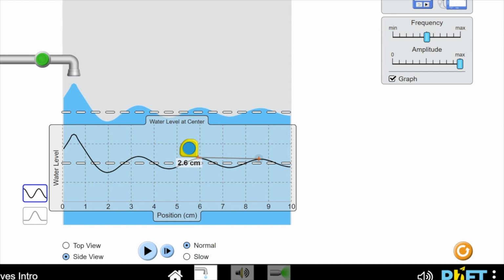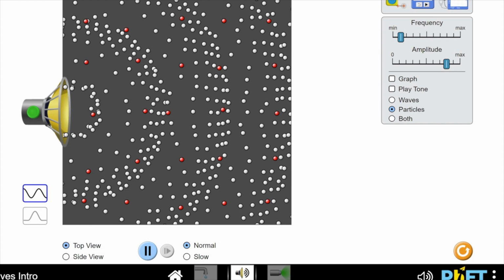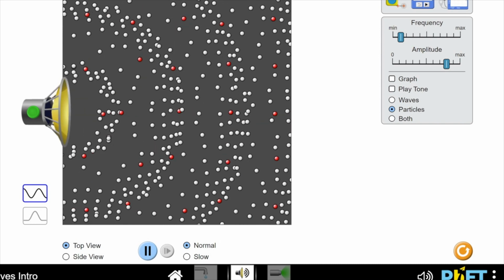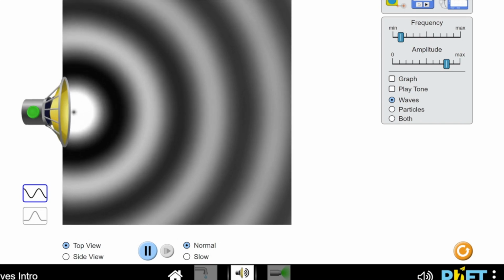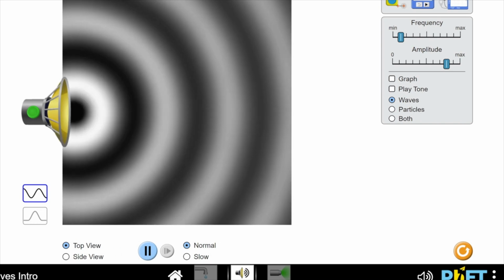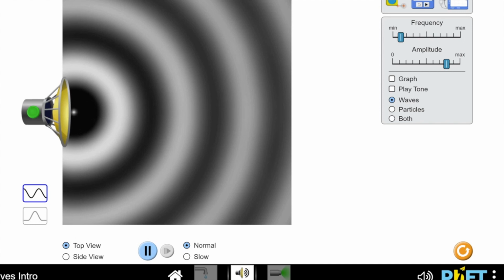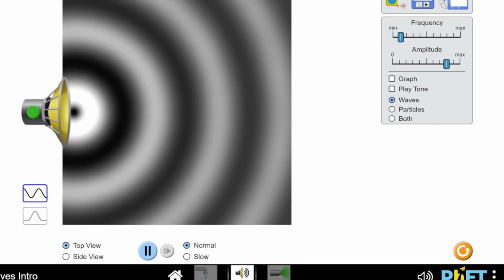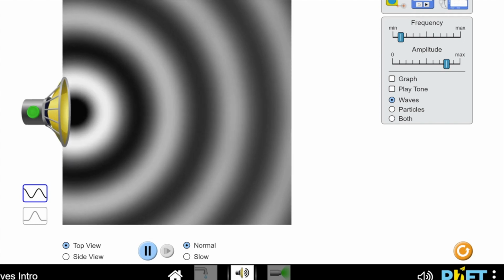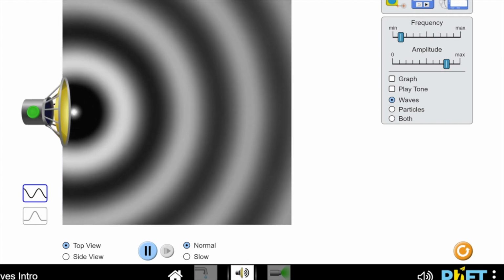And if we look at a different type of wave, a sound wave, and we'll look more at that in a moment, we'll see the same thing. In this case, it's not a drip producing the waves in the air, it's the cone vibrating back and forth.